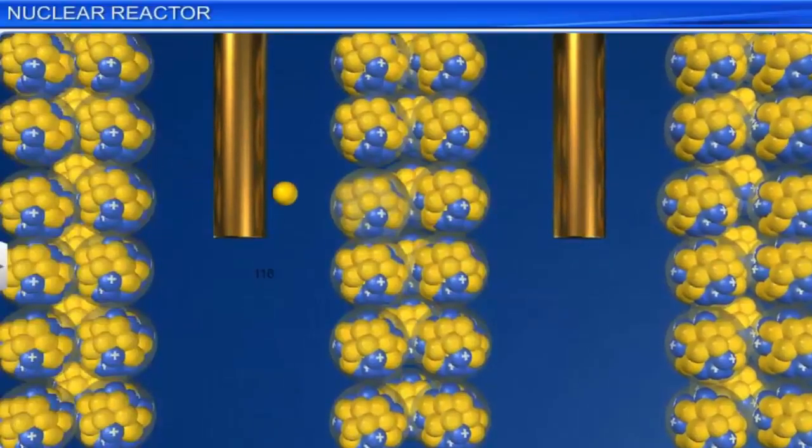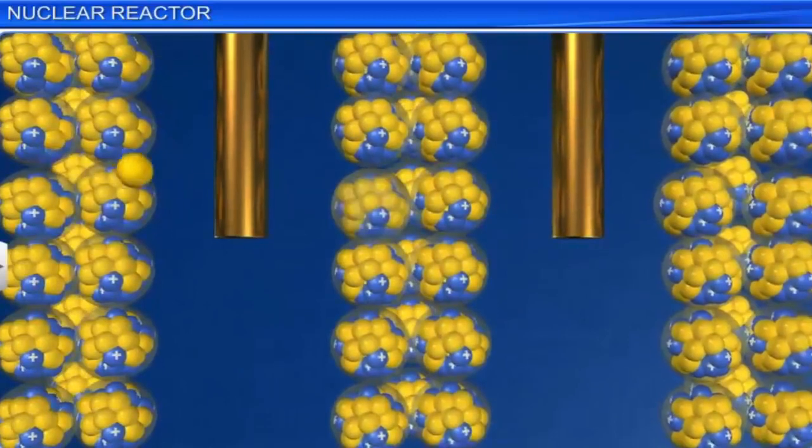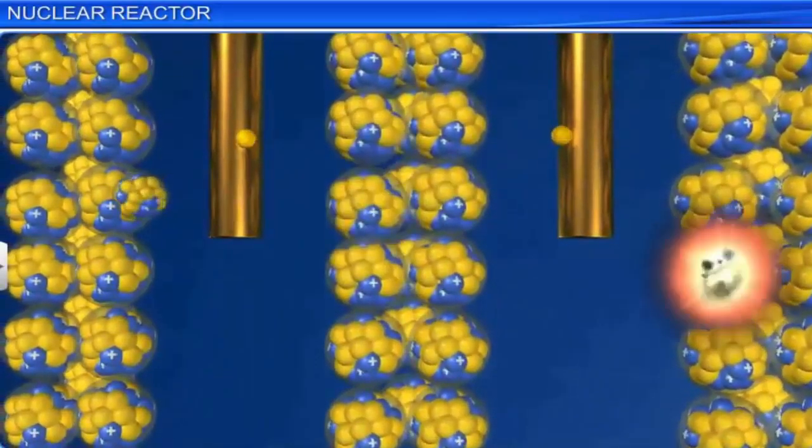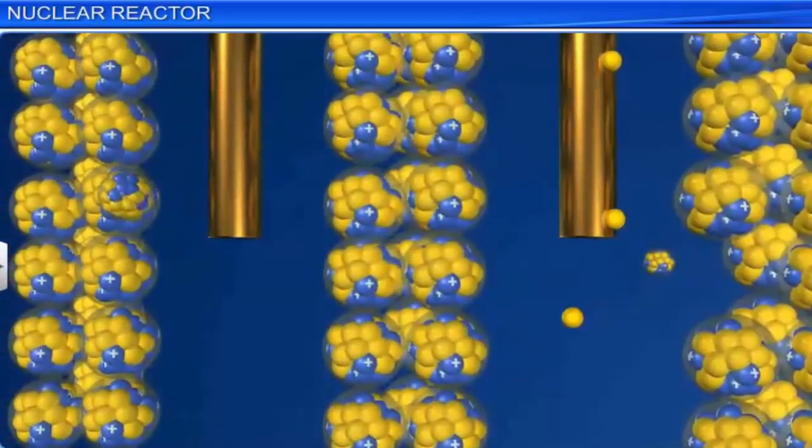It is observed that the probability of uranium-235 undergoing fission is high when it absorbs neutrons with energies of approximately 0.04 electron volt, typically called slow neutrons.